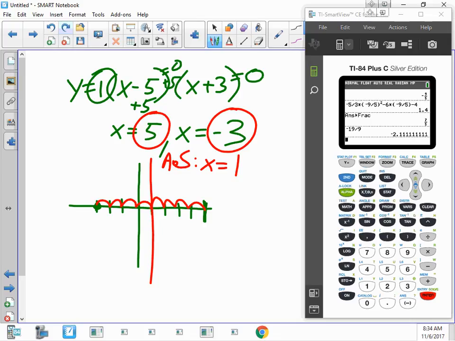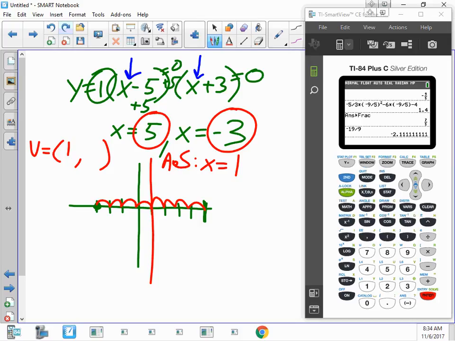All right? Now I know that the vertex is at 1 comma something. How do I figure out what the y value is? Anytime you have an x value, it's really easy to find the y value. Just plug x into the equation. We need to put 1 in here and in here.